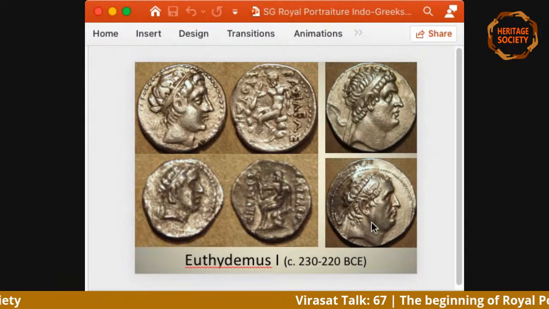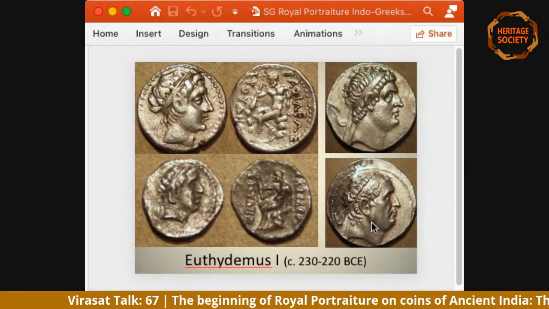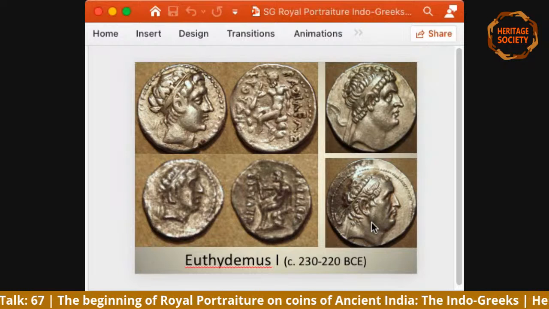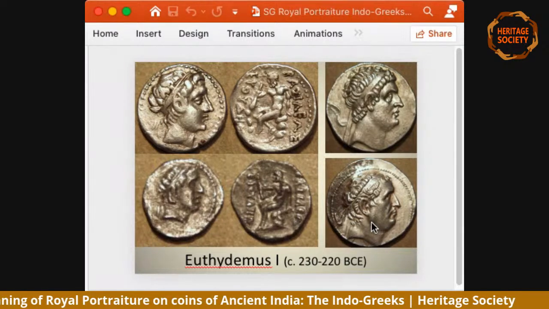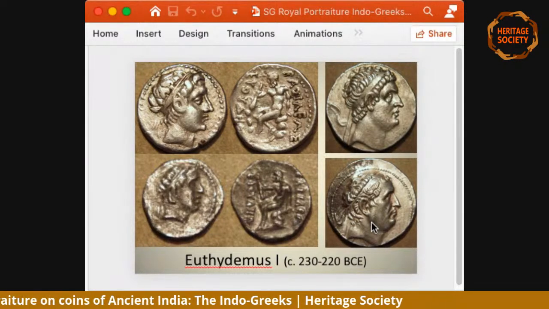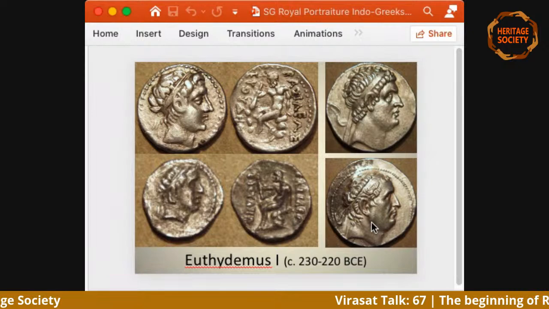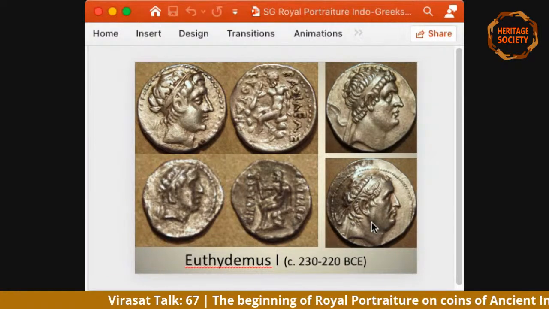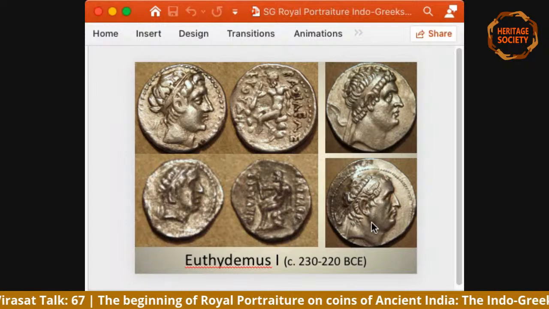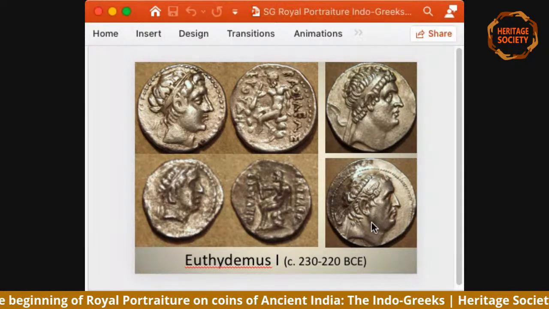But here, just on the basis of what the coins show, one is able to give them a sequence, a chronology: which coin is the earlier coin, which is the middle coin, and which is the later coin. So this is how portraiture helps us in the absence of any other supporting evidence.